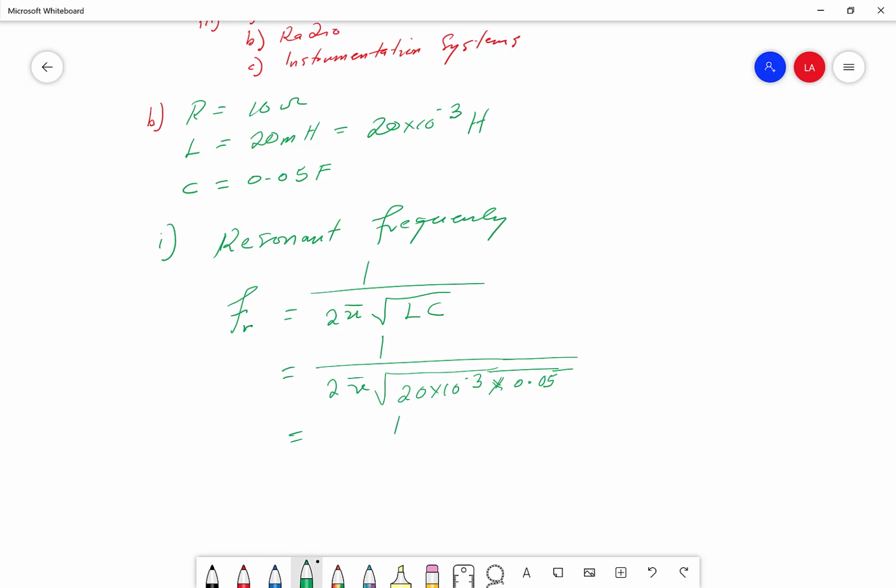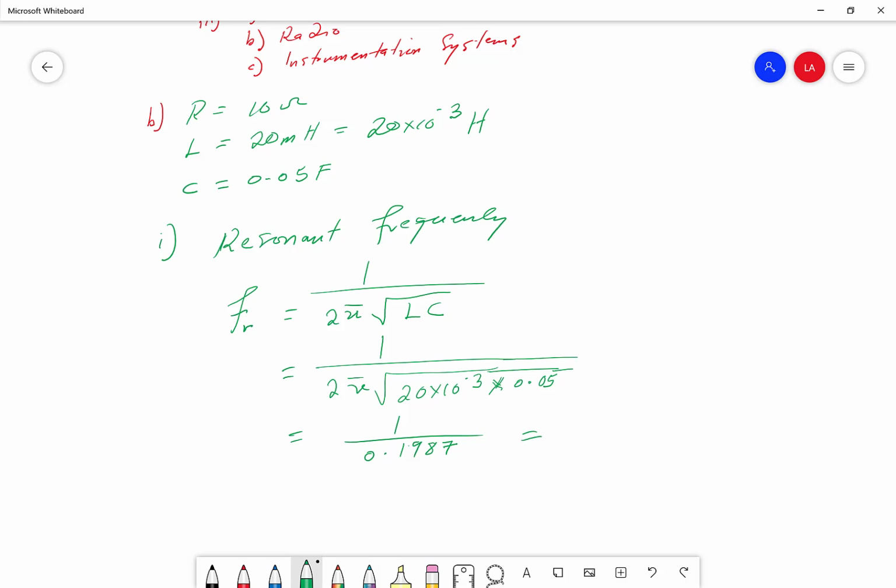Okay, so if you take your calculator and solve this, you're going to get 1 over 2 shift pi times the square root of 20 exponent minus 3 times 0.05, and that is giving us 0.1987.